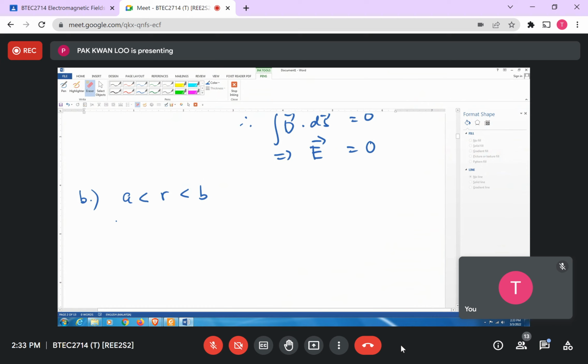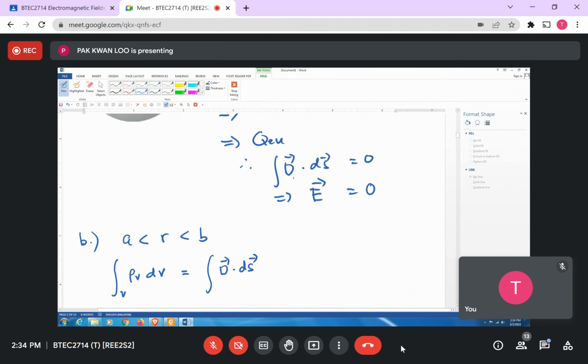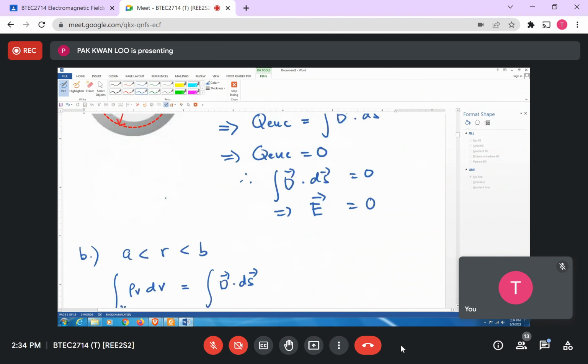So go back to our Gauss law. On the left hand side is the charge enclosed, and on the right hand side is the flux coming out from the Gaussian surface, that passes through the Gaussian surface.